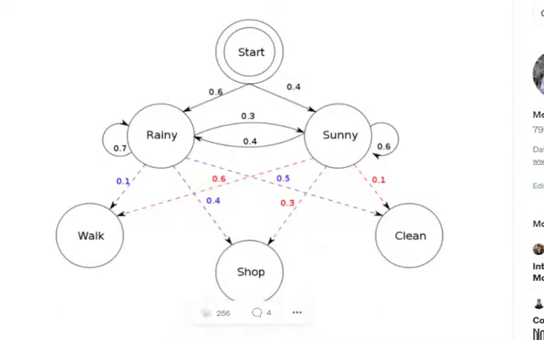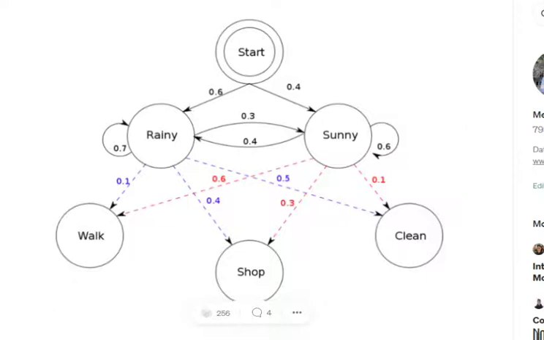Similarly, from rainy to sunny, we have a probability of 0.3. Now the dashed lines, going from rainy to walk, shop, and clean, are the emission probabilities. Emission probabilities are the probabilities of transiting from a known state S1 to a hidden state H1.